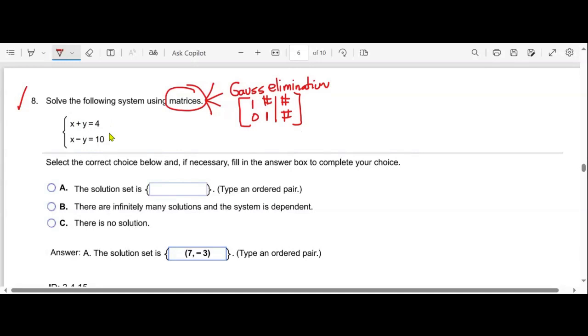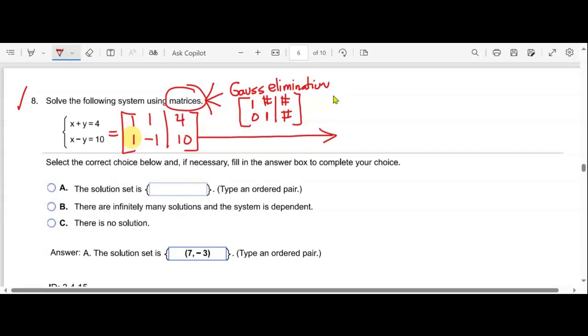So I need to write this as an augmented matrix. It's going to be like this: 1, 1, 1, -1, 4, and 10. Okay? Now I need to make the 1 here be 0. How can I make this 0?